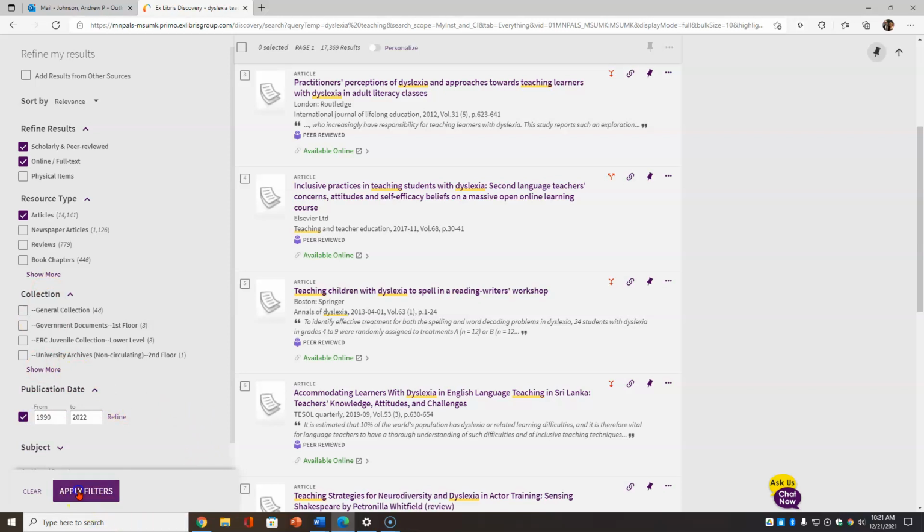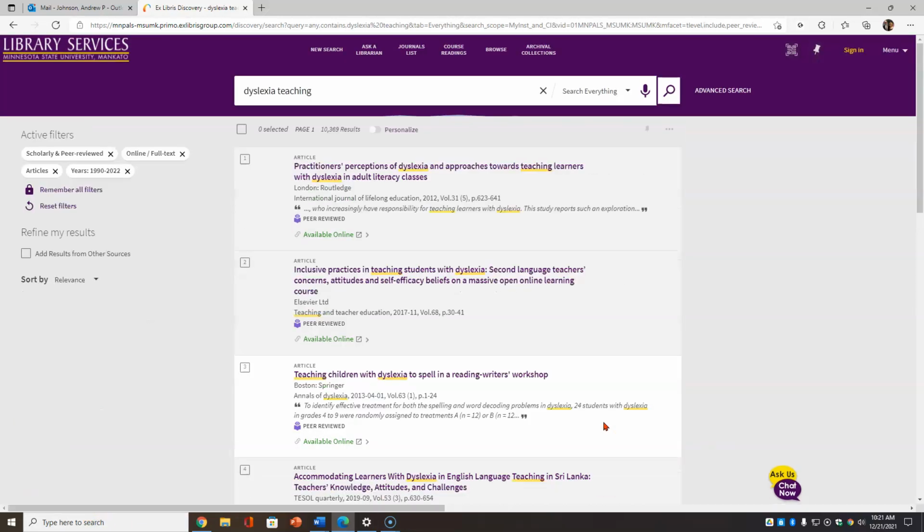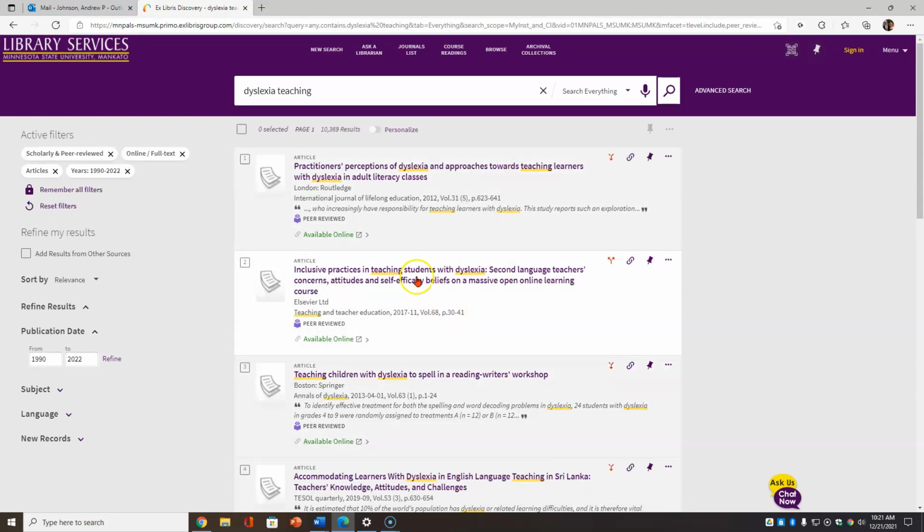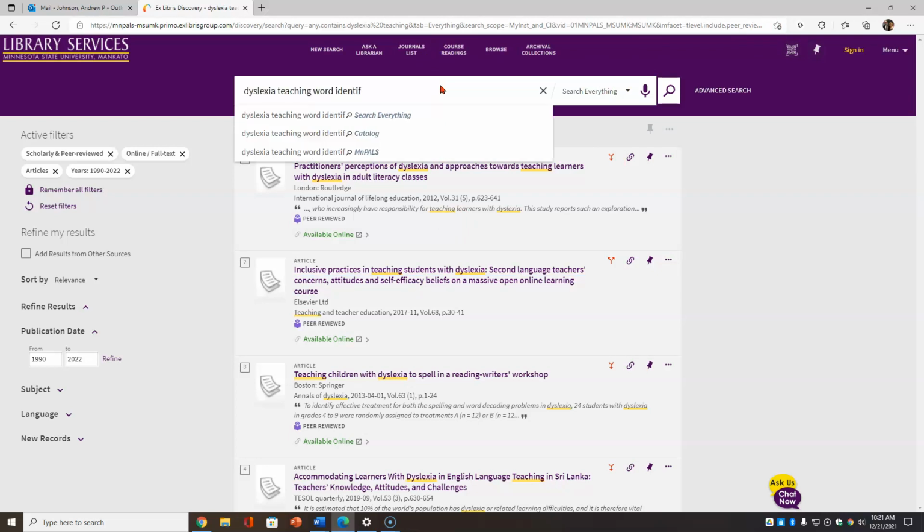And then I'm going to apply these filters. So you see here, these are all journal articles, and if I wanted to refine it further, I could add word identification.